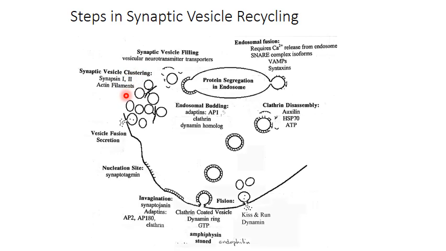And then it has to bud off of the endosome, again through a clathrin mechanism, in order to form a fully competent synaptic vesicle, which then, of course, still needs to be filled with neurotransmitter and stored back in a storage pool. This is all quite complicated and requires ATP or energy at the dynamin stage and in the uncoating of the clathrin stage.